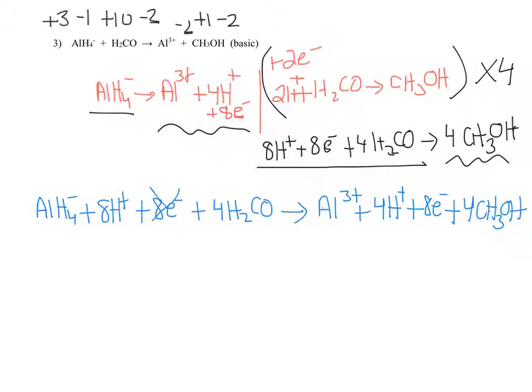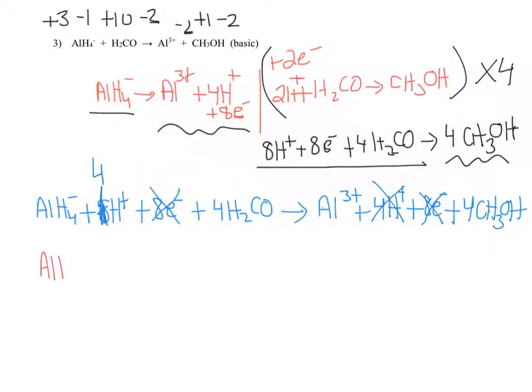If you did it correctly, your electrons should always cancel. Something else cancels here. We have 8 H pluses here. We only have 4 H pluses there, but since we have some H pluses on both sides, we can cancel some of them. We can cancel 4 of them. So I can cancel these 4 with 4 of these, so we'd be left with 4 of them. So let's rewrite that neatly.